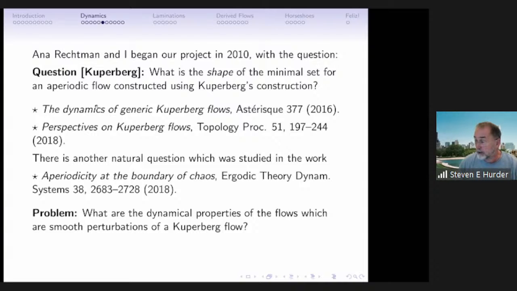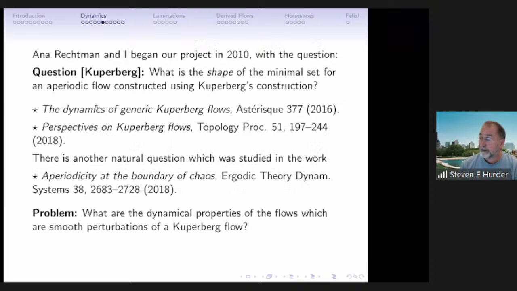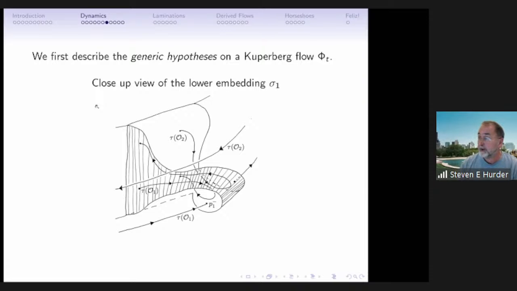When you perturb it, you don't expect the variations to be aperiodic if you just perturb it in a general C1 or C-infinity way, but there are some interesting things that go on, and that's what I want to describe today. So, our results depend upon a generic hypothesis, and we've heard generic used in talks several times, so it's not a bad word. But it does mean that we can't do it unless we make some strong assumptions.